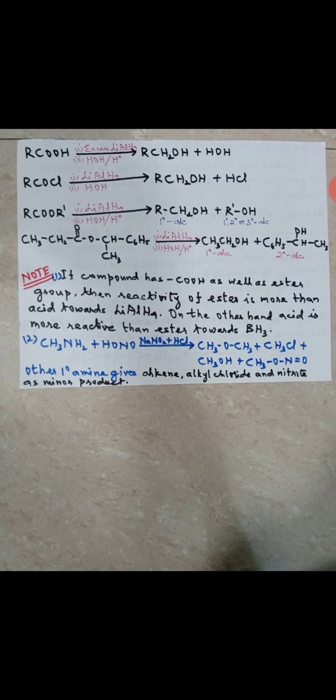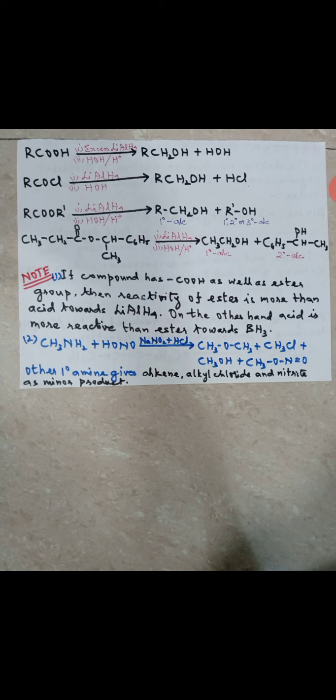Now next, I have given a note there. If a compound has a COOH group as well as an ester group, then the reactivity of the ester is more than the acid towards LiAlH4. That means both will undergo reduction. COOH also will undergo reduction.